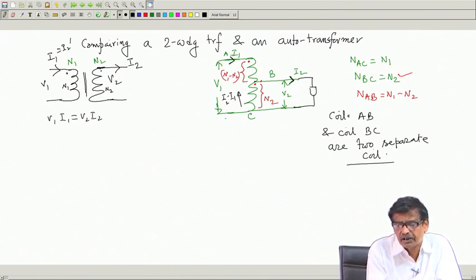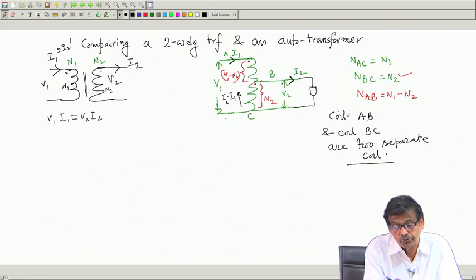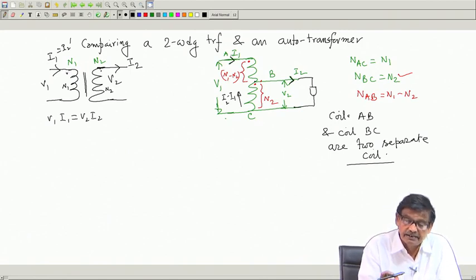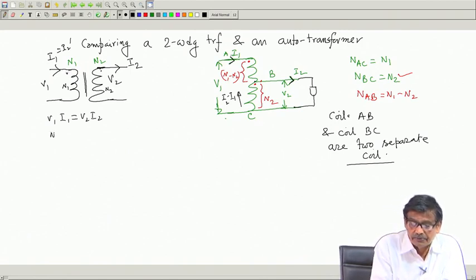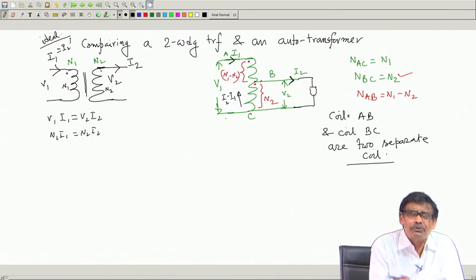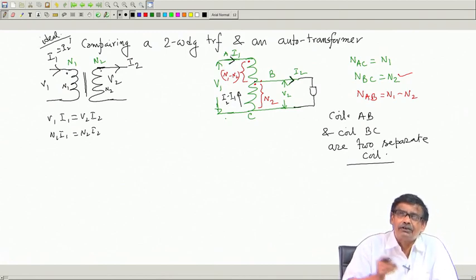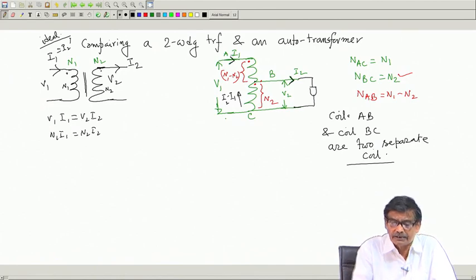Whenever you show current coming out from the dot, then only the transformer primary will invite current from the source through the dot terminal such that N2 I2 is equal to N1 I1. Ideal transformer. No load current, you neglect, that is only 2 to 5%, forget about that, and this must prevail.